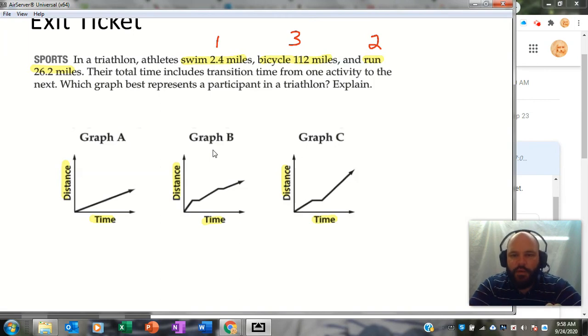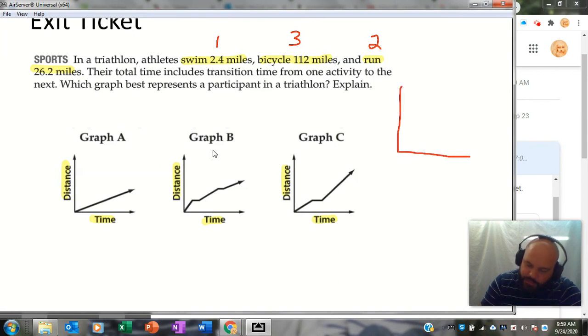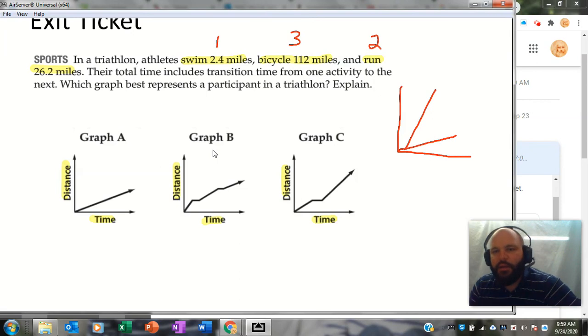The reason why I ordered these is so we can understand what's happening in our graph. When you look at a graph that is distance over time, the faster the graph is going up, the faster you're going. The less steep a graph is going up, the less fast you're going, so you're covering less distance. So what does that mean?